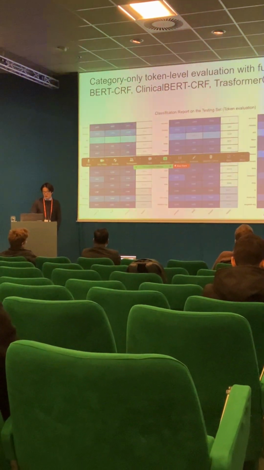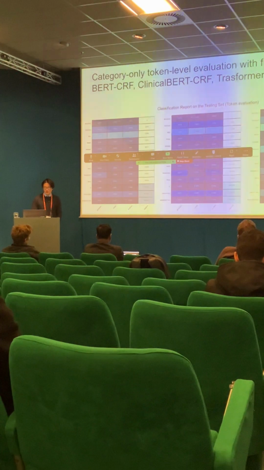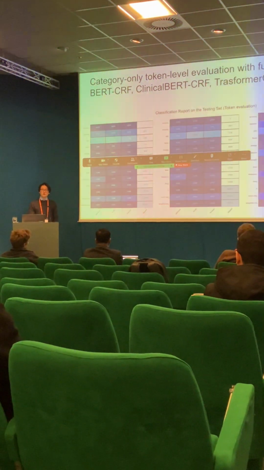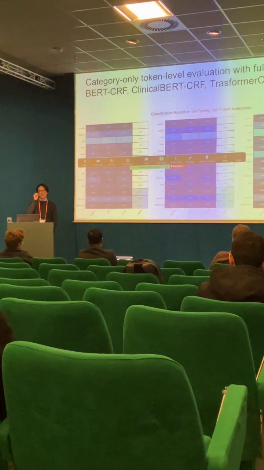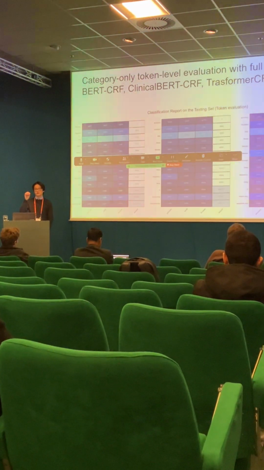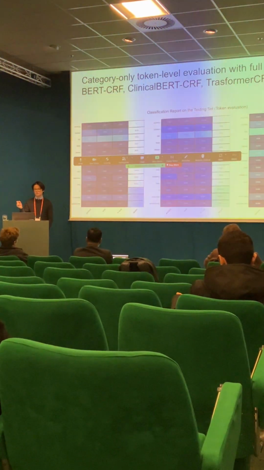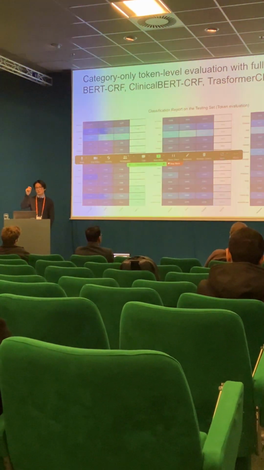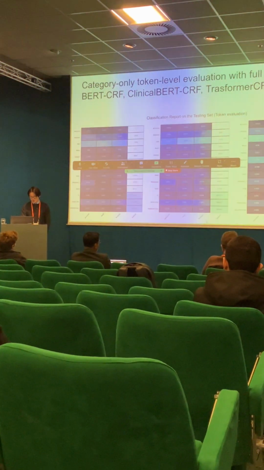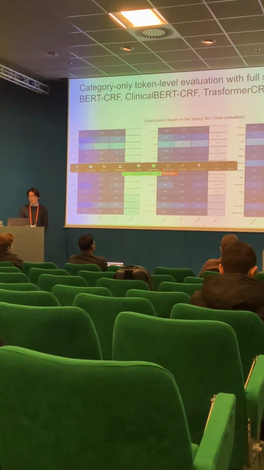That is span level, and we also calculate token level evaluation. Token level means we do not care if this is the beginning of the phrase or inner part of the phrase. As long as it's form, you label it as form. As long as it's reason, you label all the tokens as reason. The score is much higher, mostly 97 plus.